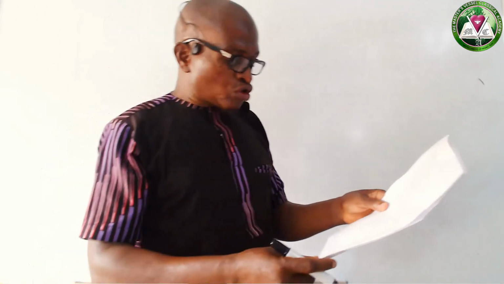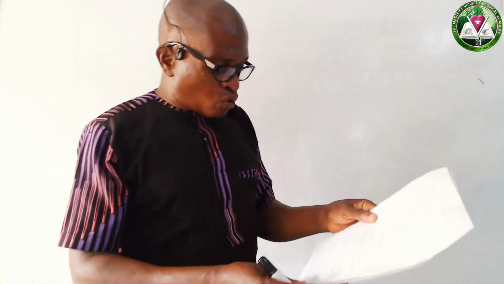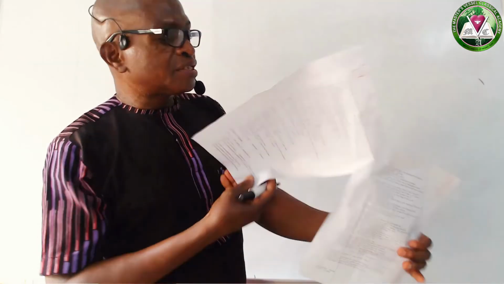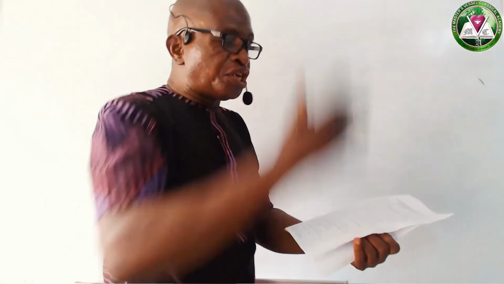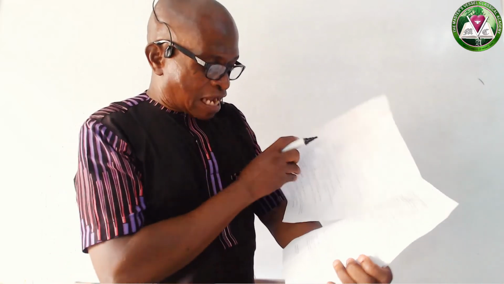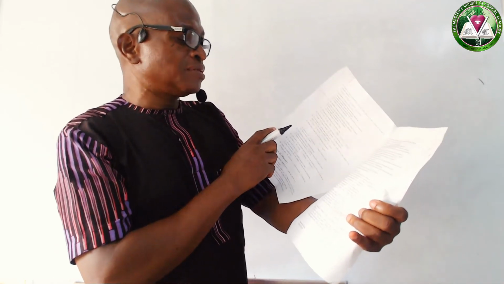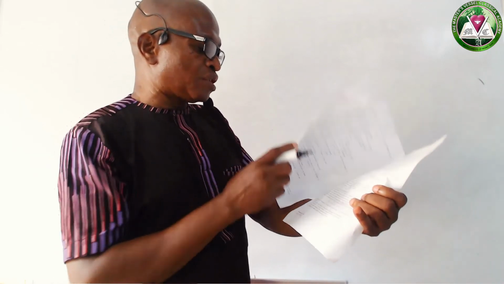We are not going to continue with the theory questions. I'm giving you the theory questions as your assignment. Go and do it. But this objective area covers the whole scheme for first term and second term SS1 work, and having answered it, it will help you to answer the theory questions.